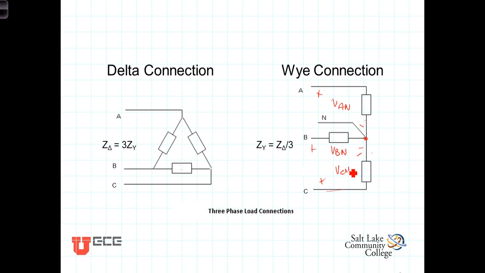But you'll notice that there is no equivalent or comparable voltage here in the delta connected side. Over here in the delta, we have only the voltage from one line to the other line, which is called the line voltage, plus to minus VAB, plus to minus VBC, and then plus to minus VCA.